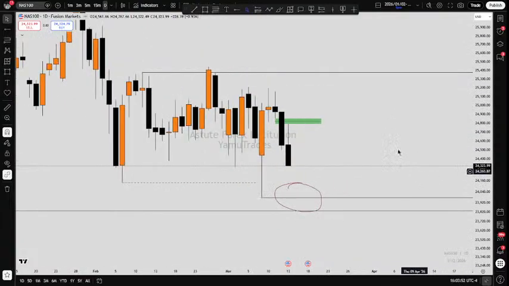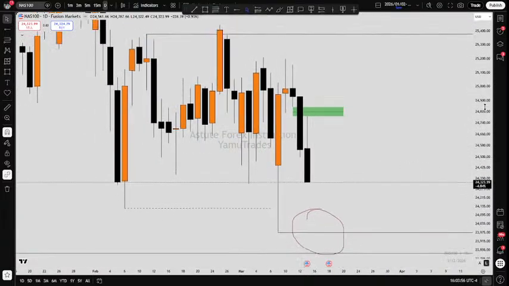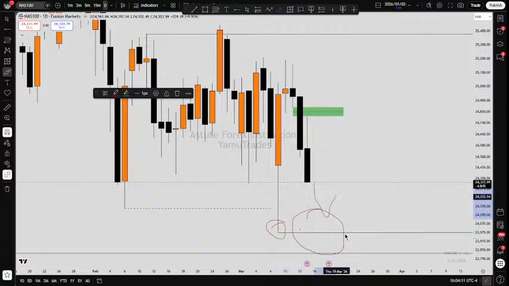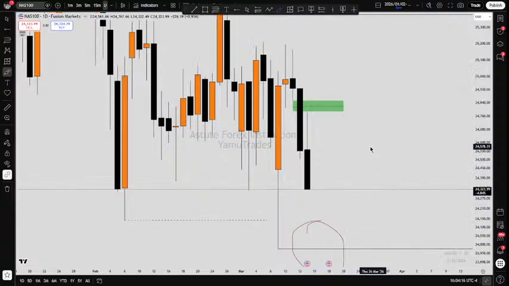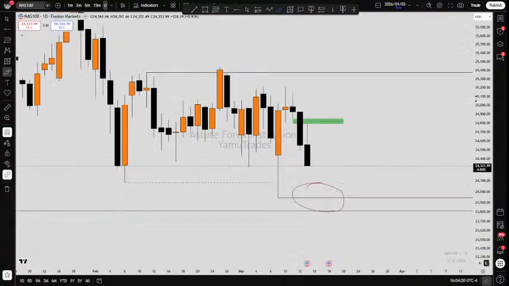Go into the charts and see it for yourself. I think the price is going to gap, start here, then move lower to this sell side liquidity. Then it's going to start moving higher. But we're going to look at the charts as the market opens.